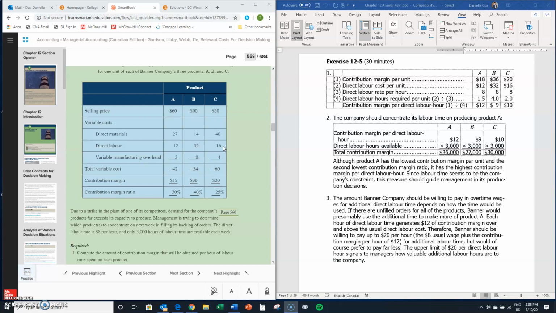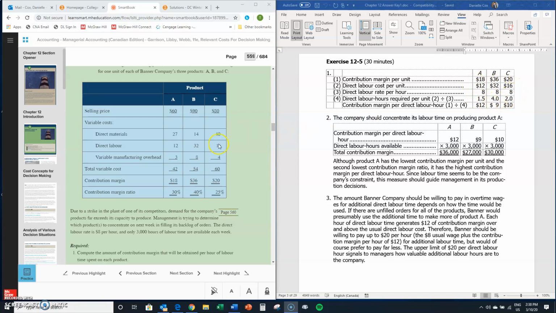So there we know it takes 2 hours to make this product. So this is what they've done here. So the direct labor cost per unit divided by the direct labor rate per hour will give us the direct labor hours required to produce 1 unit. That's the number of hours.